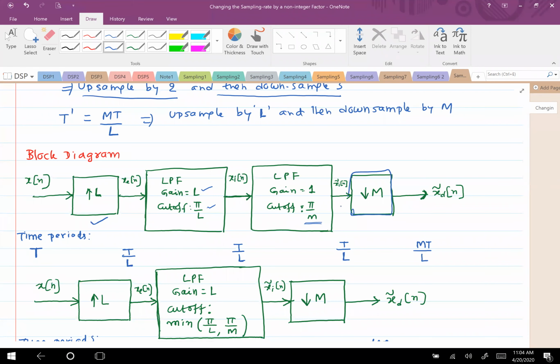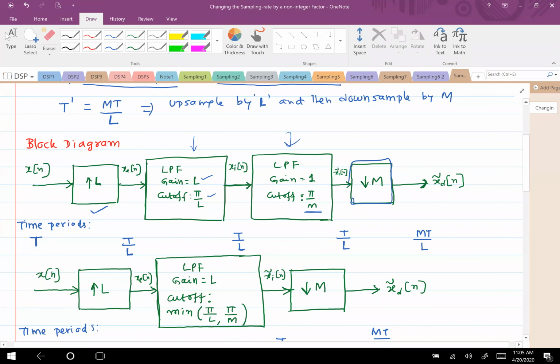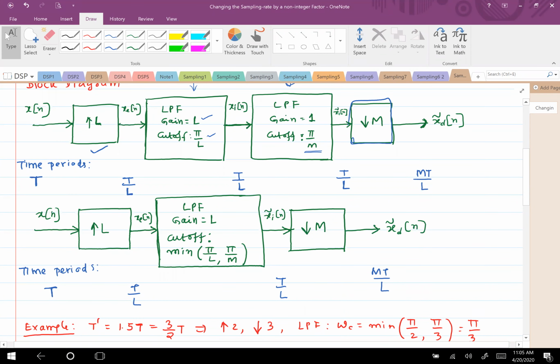So then you could see this is a concatenation of two low pass filters, and overall you are multiplying here. Basically, in the frequency domain, this is an LTI system, so you could multiply them together, and hence you would get here a gain of L, right? And the cutoff here is chopped off at pi by L, here at pi by M. So obviously you will take the cutoff frequency which is the minimum.